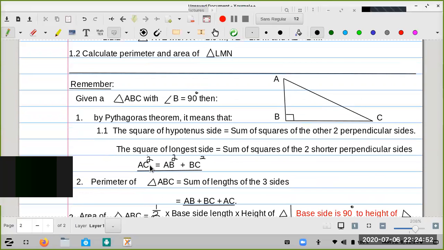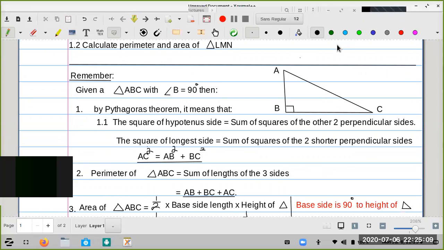Failure to satisfy Pythagoras' theorem means the triangle is not a right-angled triangle. Thank you. So may you now do more practice on exercise 11.3, finding out whether a triangle is a right-angled triangle or not.